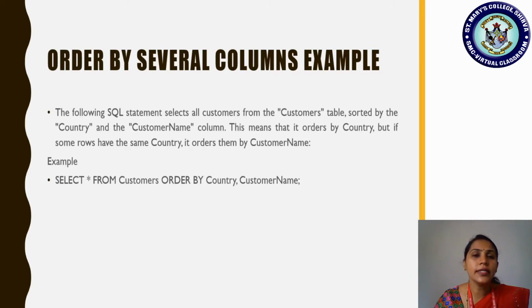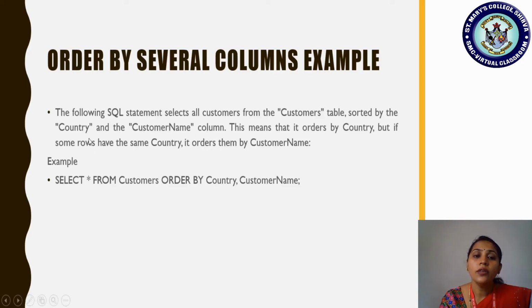So in the earlier example we sorted the data with respect to one column. Order by country, only for one attribute we applied which one? The sorting. So this is an example where we can apply the sorting for more than one column. Just check out the following SQL statement, which selects all customers from the customer table sorted by the country and the customer name columns.